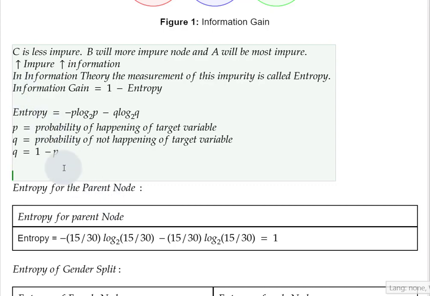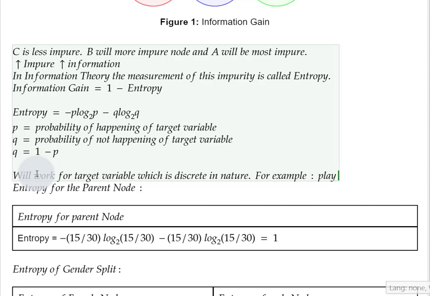And as I was discussing before, this information gain will work for a target variable which is discrete in nature. For example, just now we discussed whether a student plays cricket or not.